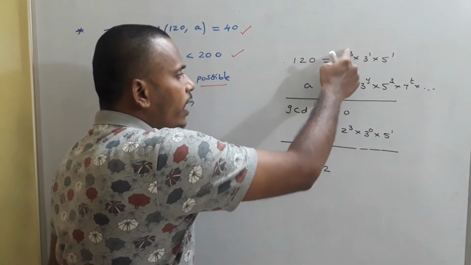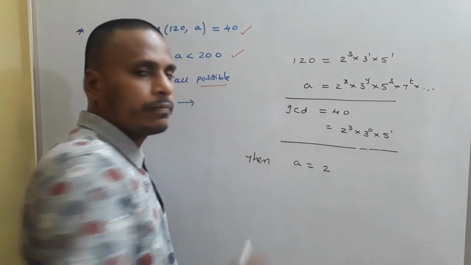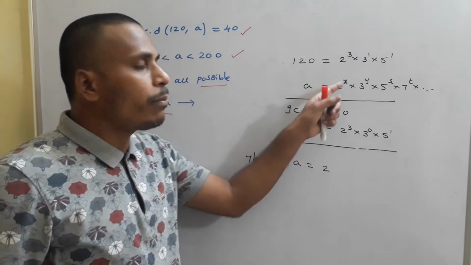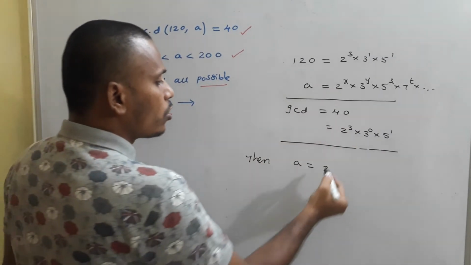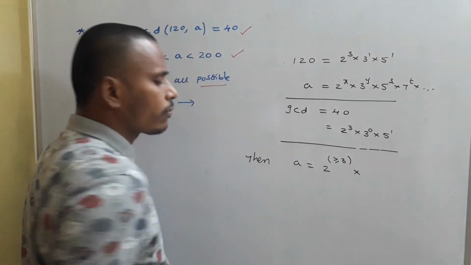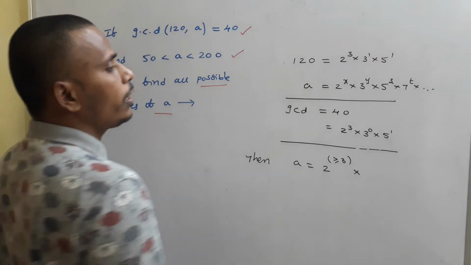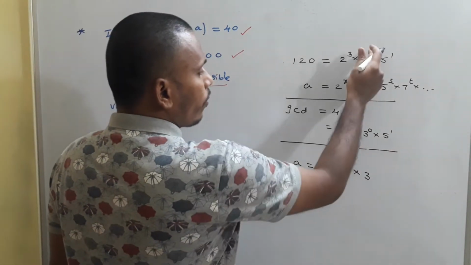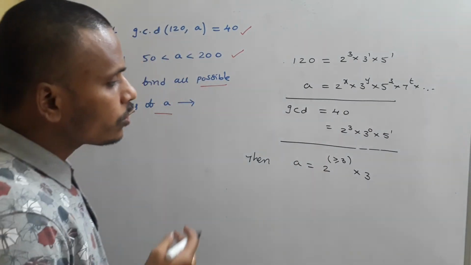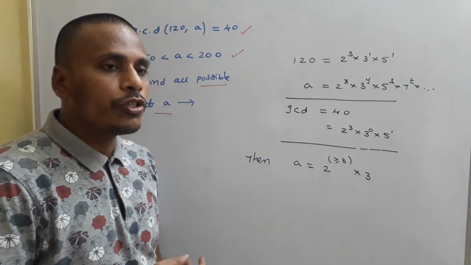See, the minimum value of x and 3 is 3. Minimum of x and 3 is 3 means x may be any number more than 3. So here you can take any number which is greater than or equal to 3. Next, 3 power: for 1 and y, the minimum value is 0.